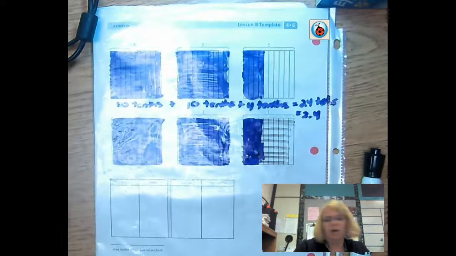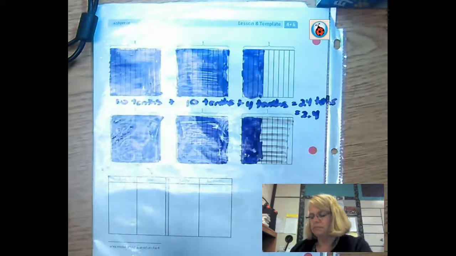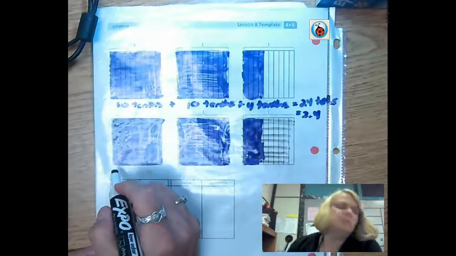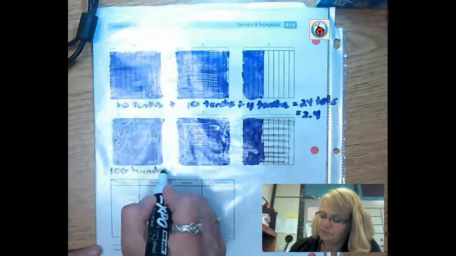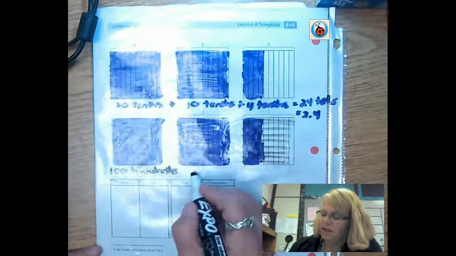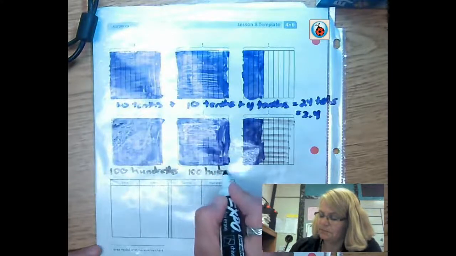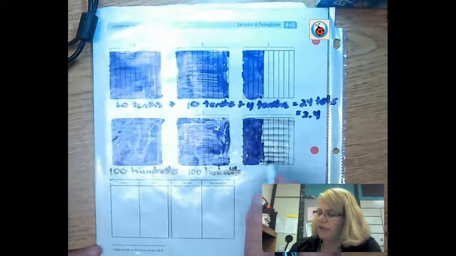So, how many hundredths are in 1? In 1 we have 100 hundredths, right? And then we have 100 hundredths in 1. And then how many hundredths did we have here?